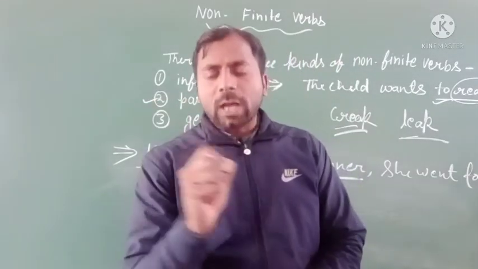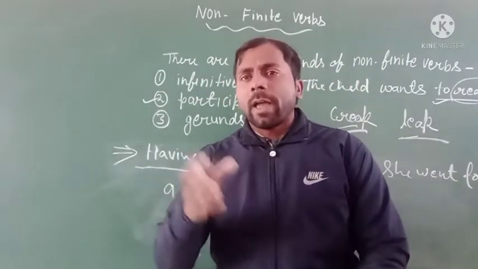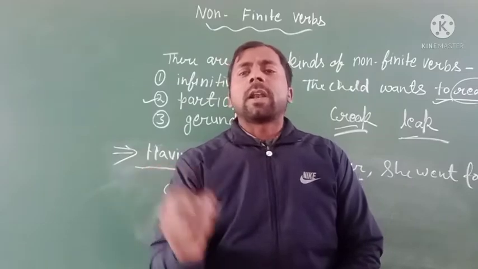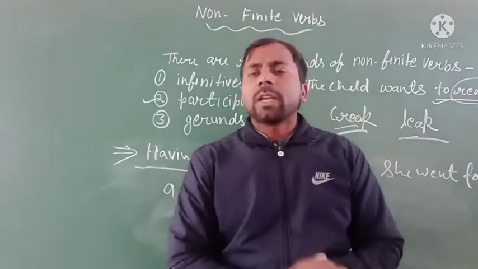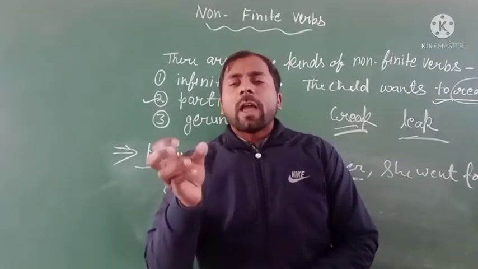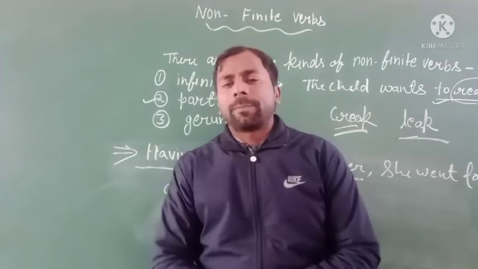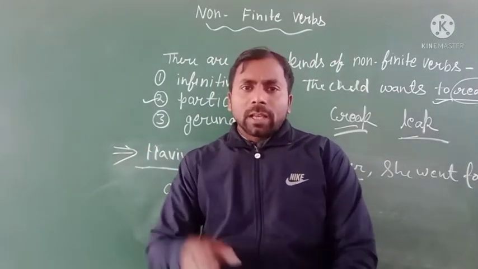And the past participle is the third form of the verb, and it is used before the noun. And the third is the perfect participle. It is used before the noun by using having with the verb's third form. Clear?